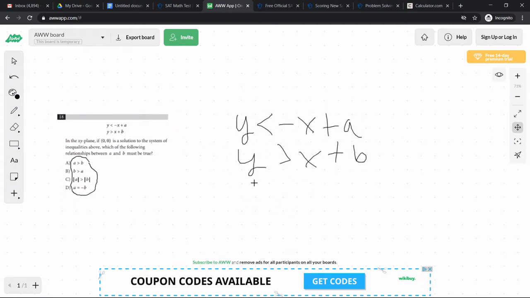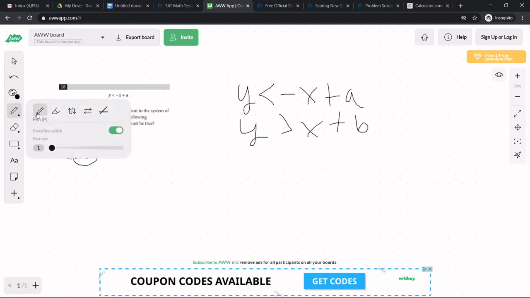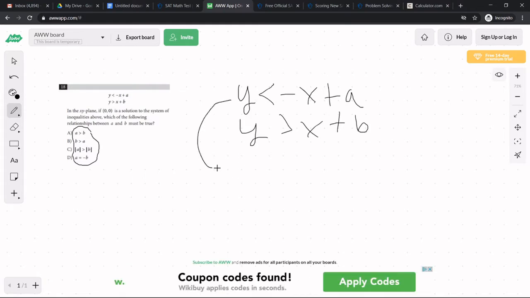Alright, because it's the only information that we have to use. So for this first one, we get 0 is less than negative 0, which is just 0, plus a. And we get 0 is greater than 0 plus b.